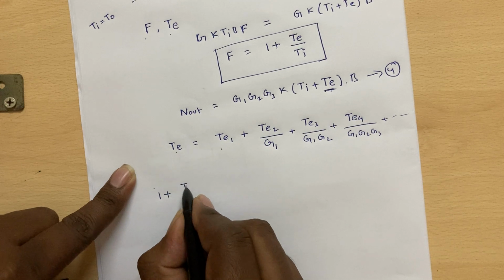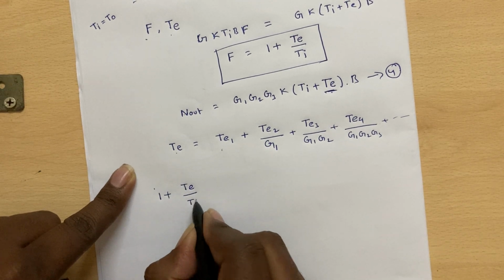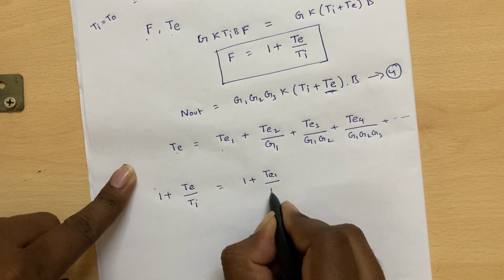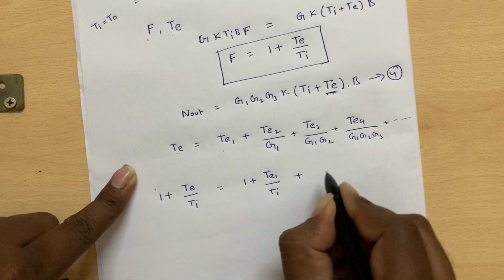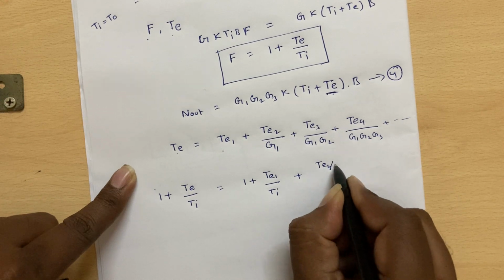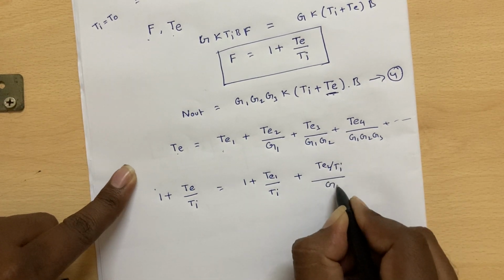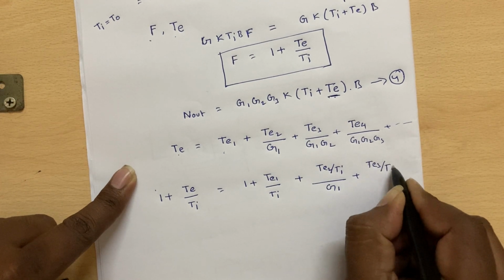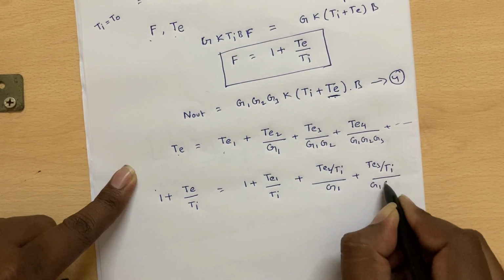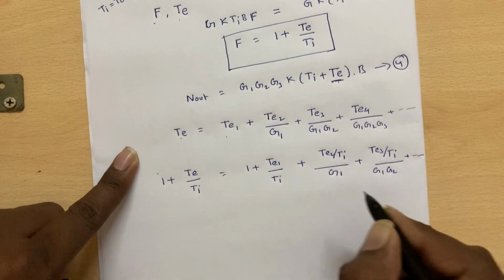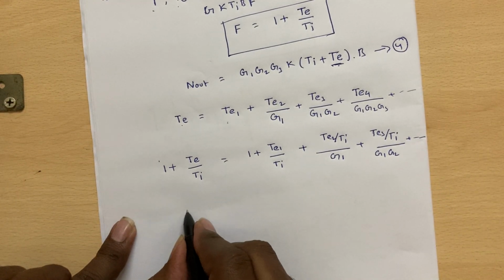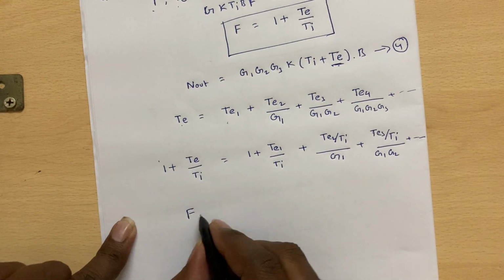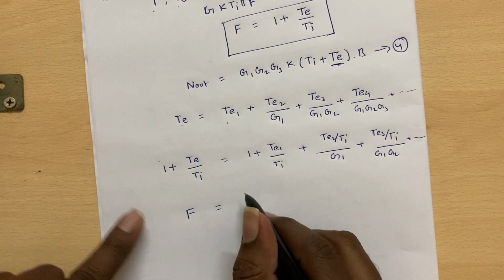So 1 plus T by Ti will be 1 plus T1 by Ti plus T2 by Ti G1, plus T3 by Ti G1 G2, and so on. Now this is actually the overall noise factor, because it is in terms of the overall noise temperature. So this is the equivalent noise factor and overall noise factor.